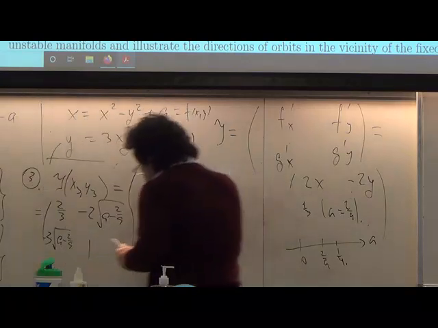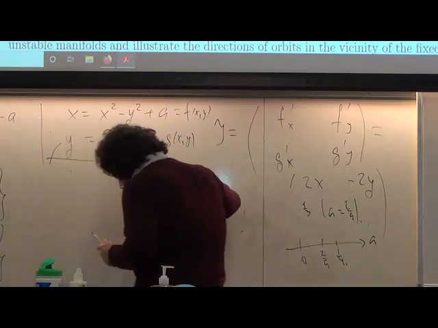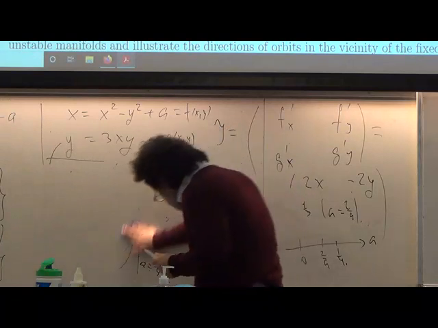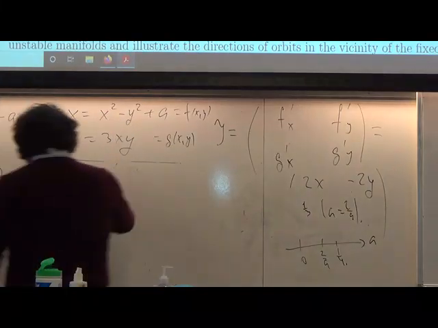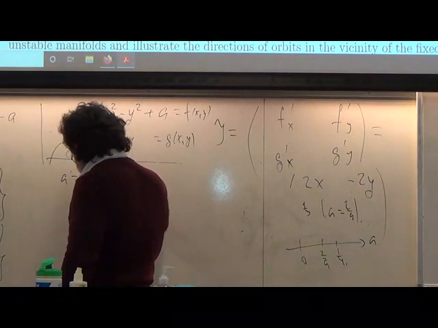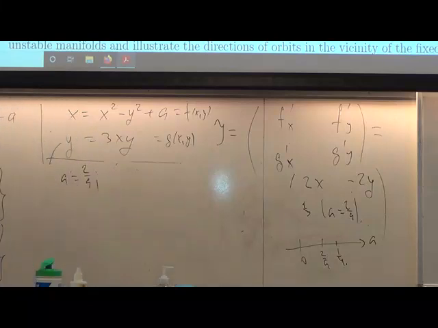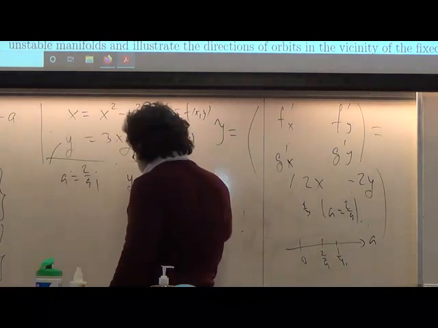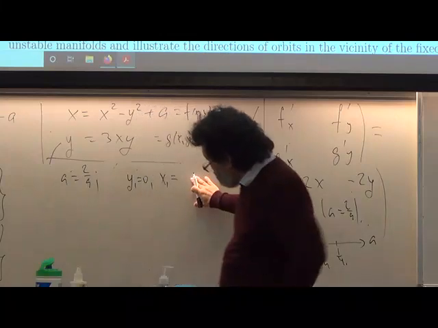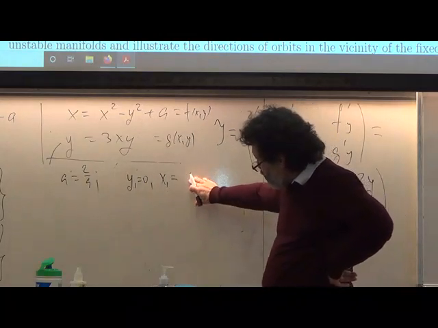So we may have here y equals 2/9. If A equals 2/9, this is a saddle, this is an unstable node, it's fine. But this guy, let's check this guy. Here y1 equals 0 and x1 equals what? So we check it.